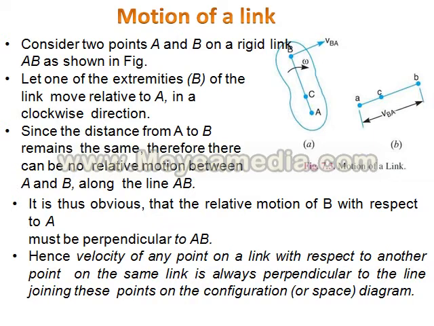B is rotating with respect to point A in a clockwise direction. Then the velocity of any point on a link with respect to another point on the same link is always perpendicular, that is important, perpendicular to the line joining these points on the configuration or space diagram.